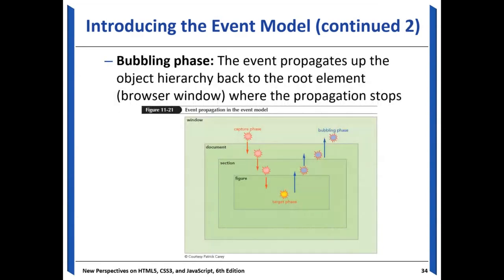Then we have the bubbling phase, where the event propagates up the object hierarchy back to the root element where the propagation started. So you see in figure 11-21, the event model propagation, we start with the capture phase, move down to the target phase, and then back up to the bubbling phase.